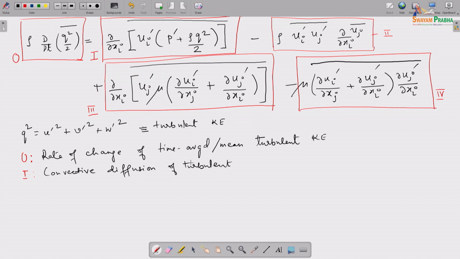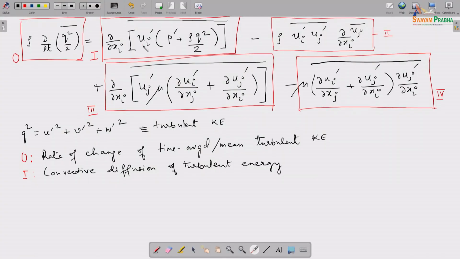On one side you have the half rho V square, which is the KE, and then you also have the fluctuating pressure component, which gives us the changes in the energy due to the pressures.